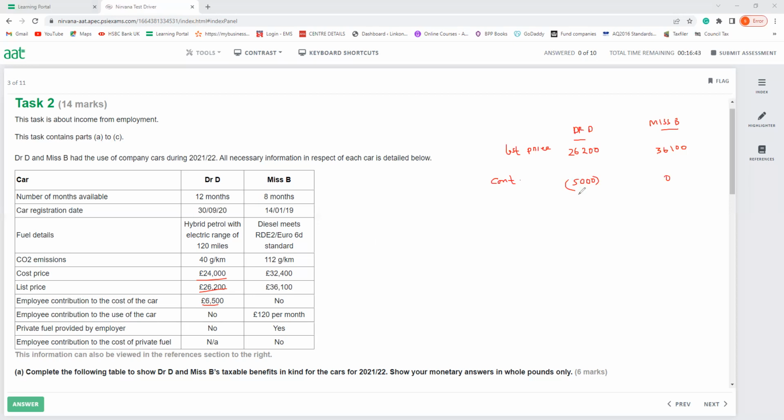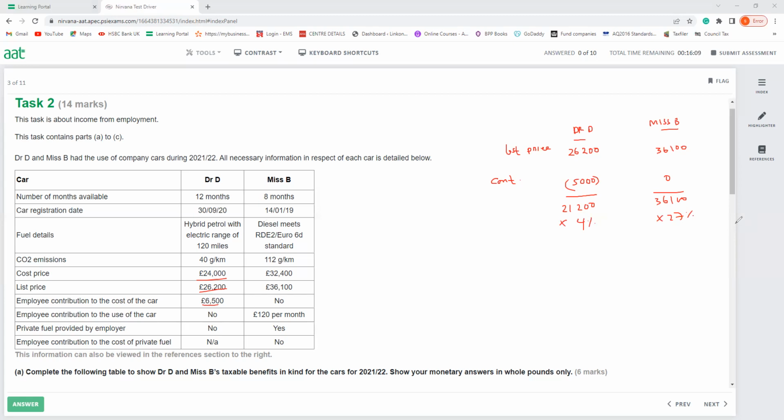And once we have that, we have to find out how much is the percentage. So 26,200 minus 5,000 gave us 21,200. We have to multiply with the percentage. For this one, we have 4%. And for this one, 36,100, we have 27%.